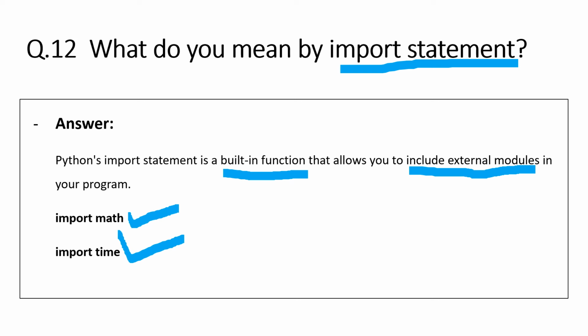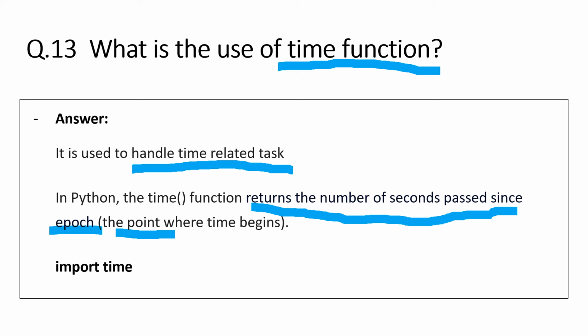Next question is, what is the use of time function? Time function is basically used to handle time related tasks. The time function returns the number of seconds passed since the epoch. Epoch is nothing but the point where time begins.